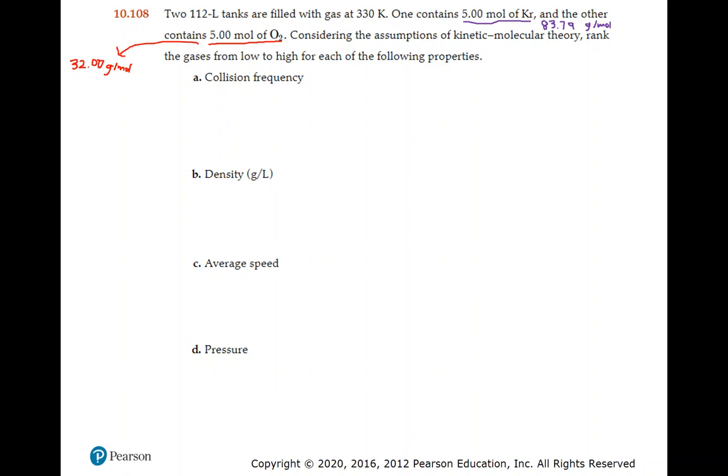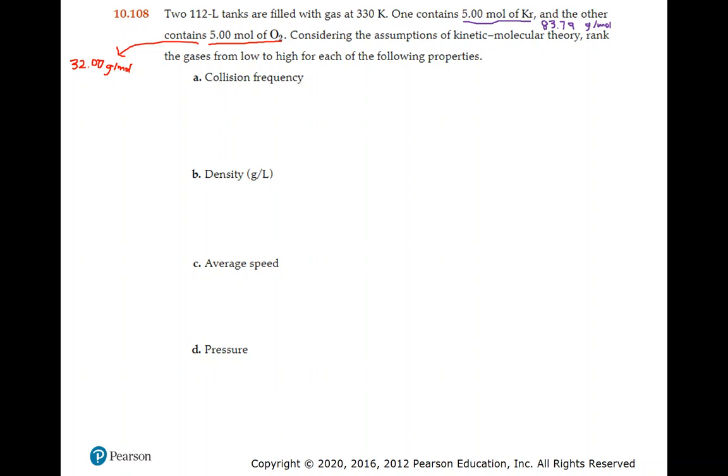And really we have the same density of gas particles in terms of how many gas particles there are per unit of volume, so moles per liter, in other words. So the collision frequency, how often those particles will run into each other, the only thing that's different between the two containers is going to be the speed of the gas particles. So the faster they're moving around, the more often they'll run into each other, which I think makes sense.